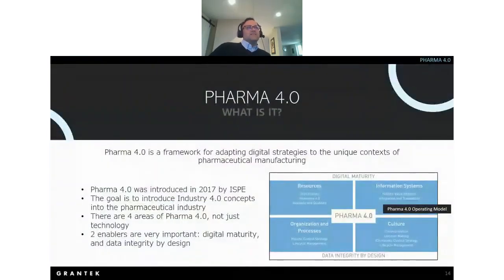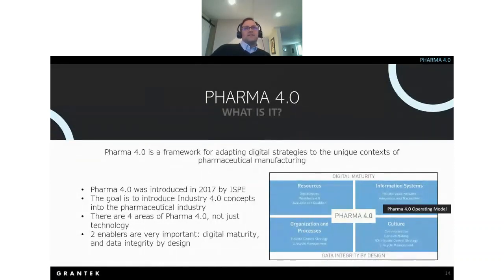Members of the ISPE, keen to establish a framework for adapting digital strategies to the unique operating environment of pharmaceutical manufacturing, formed the Pharma 4.0 Special Interest Group, and in 2017 released the Pharma 4.0 operating model. You can see the operating model here.